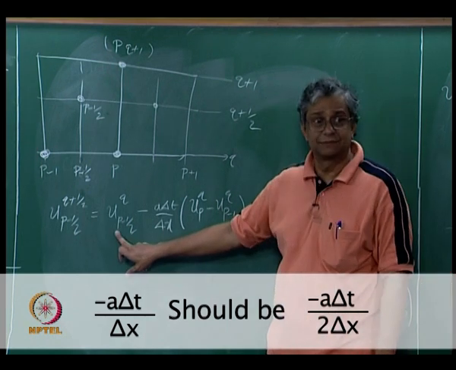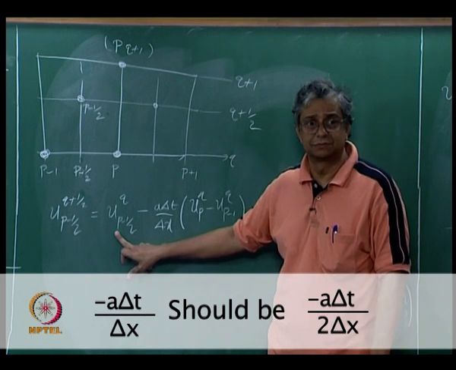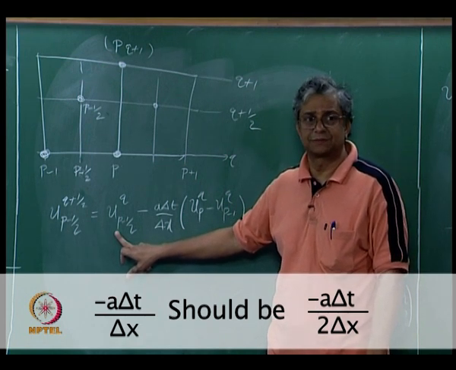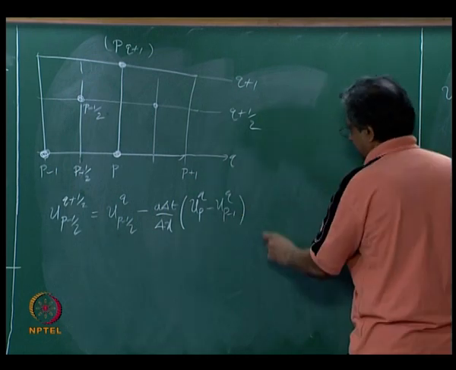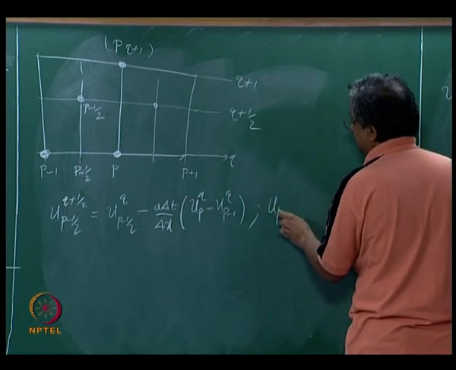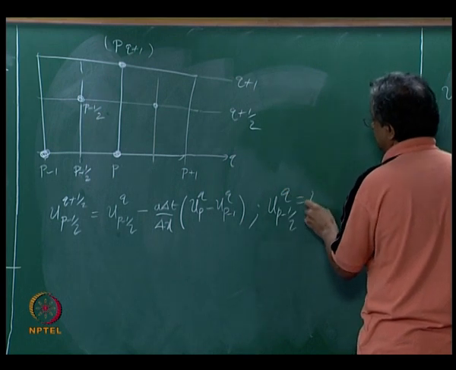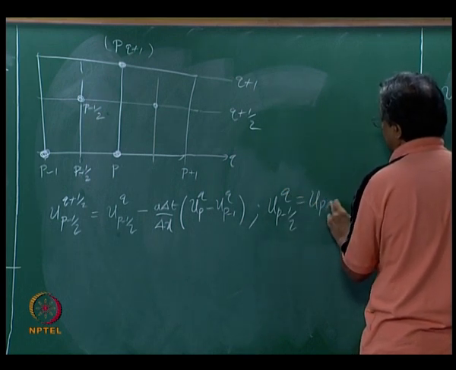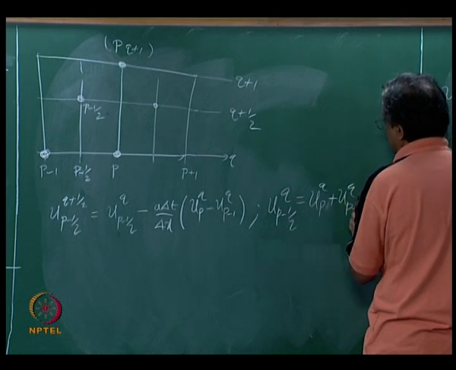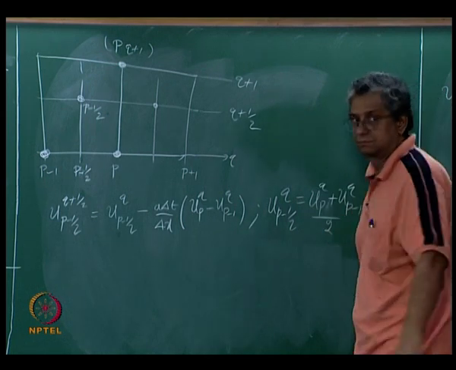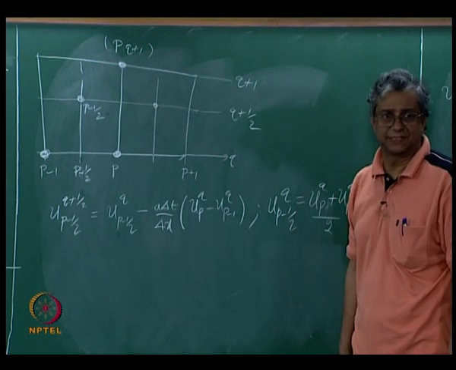How do I find that u at p minus half, q? Give me a suggestion. Take the average. So I can take the average: u at p minus half, q is u_p plus u_(p minus 1) divided by 2, fine.